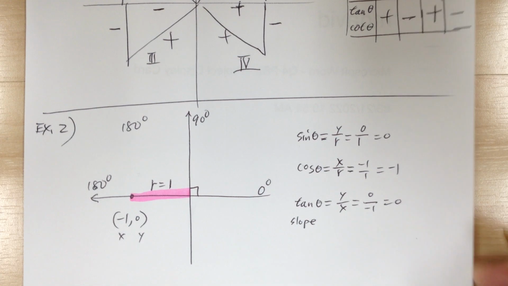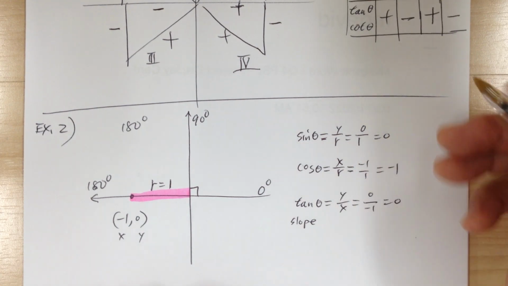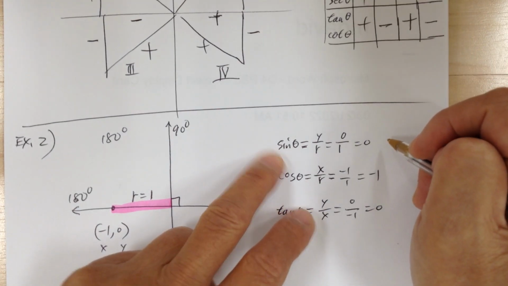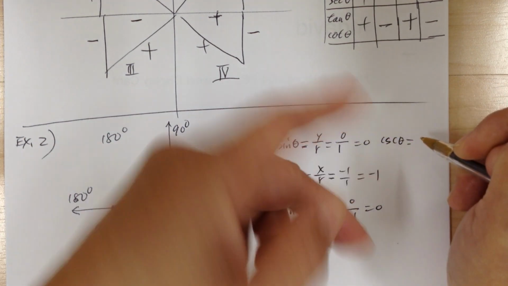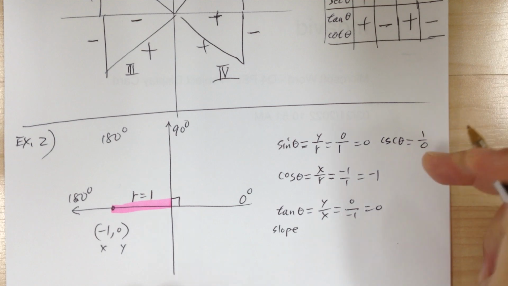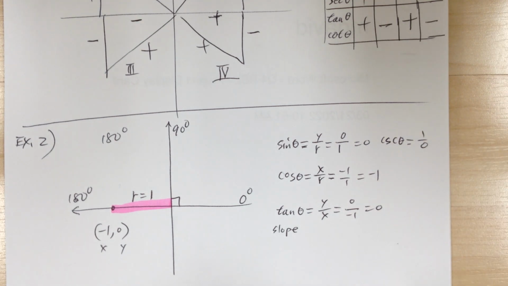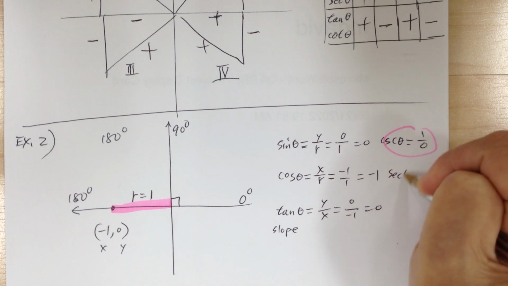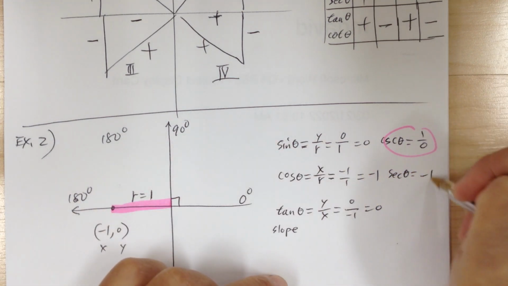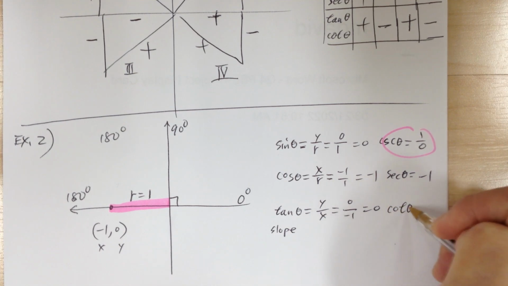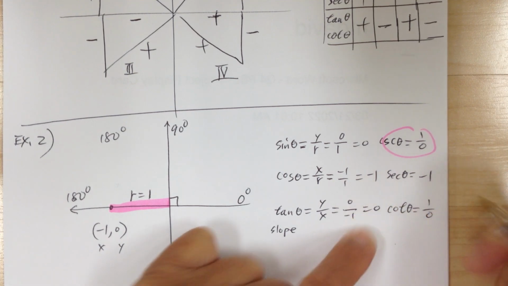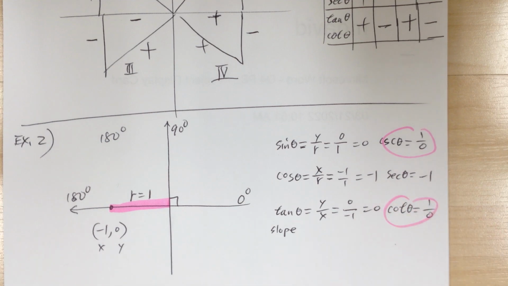Now, once you get these 3, you can get the other 3. From sine, you can get cosecant. Cosecant theta is sine flipped over, so it'd be 1 over 0, which is undefined. Secant theta, flipped over, gives you negative 1. And cotangent theta, you flip it over, you get 1 over 0. So again, these two are undefined.